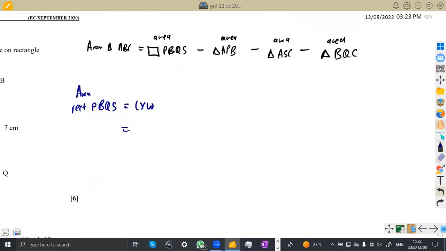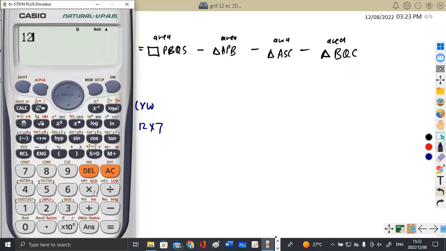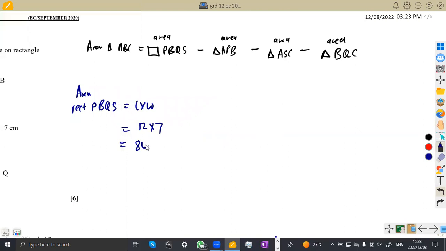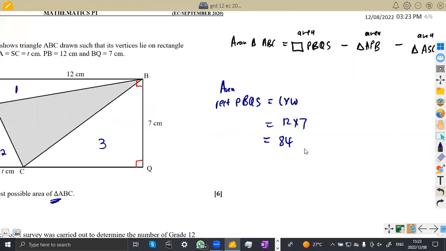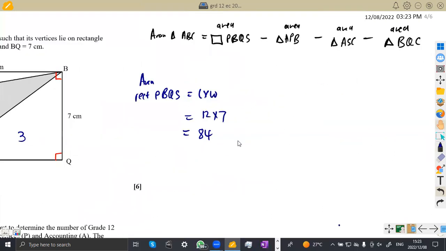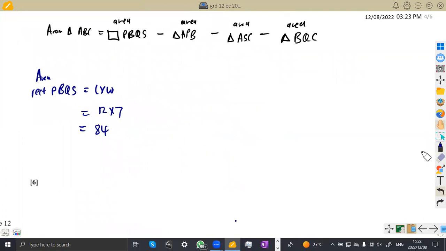So just multiply 12 by 7. What do we obtain here? 12 by 7, that's 84. These are centimeters, so it's going to be square centimeters. So we've got 84 square centimeters.